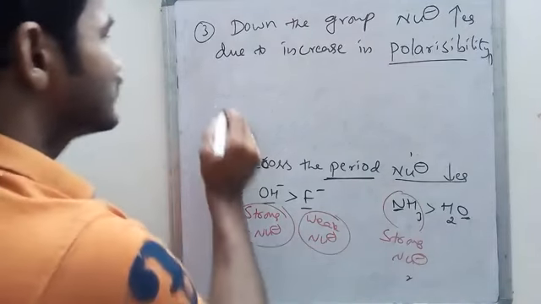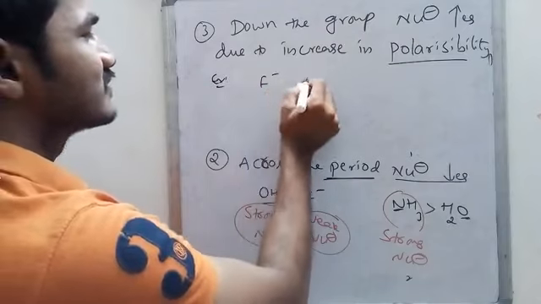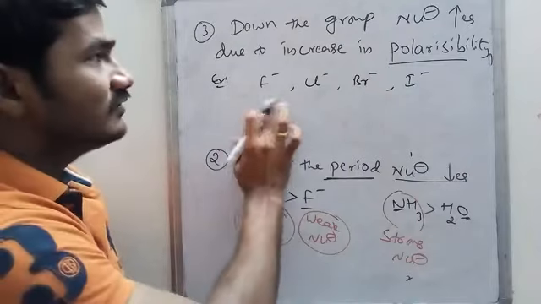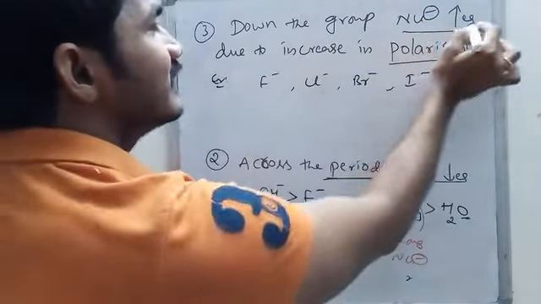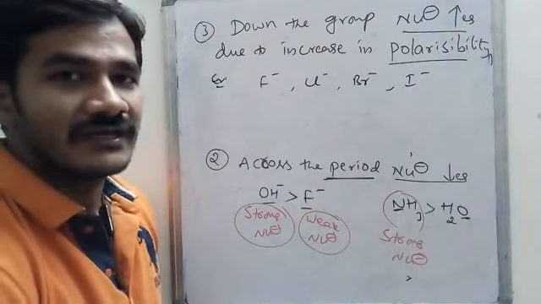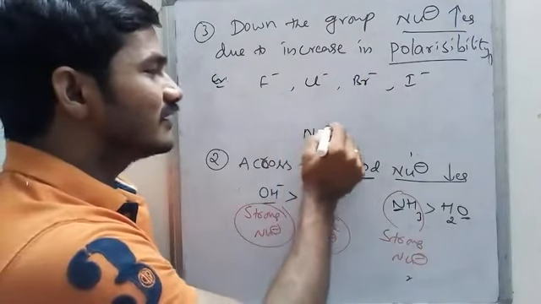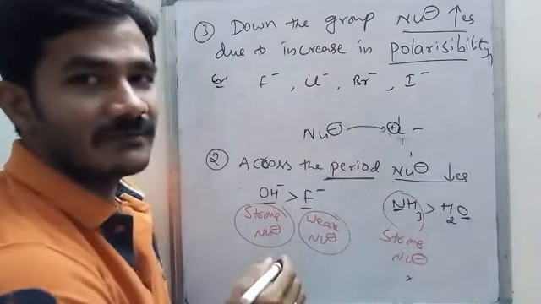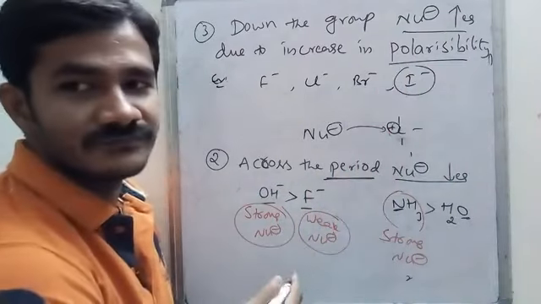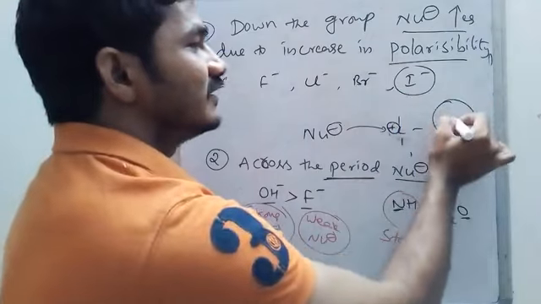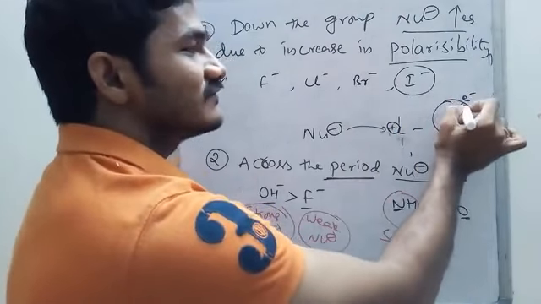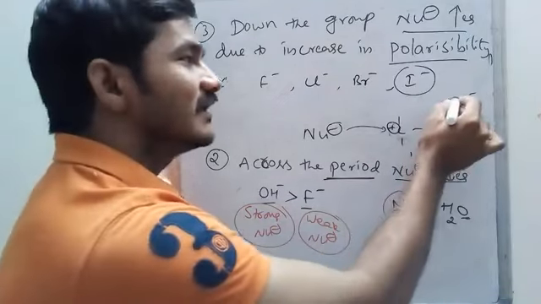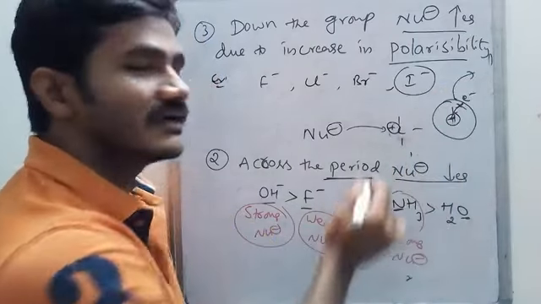Suppose I take F minus, Cl minus, Br minus, I minus. Down the group, nucleophilicity increases. Why? A nucleophile has to form a new bond with carbon. It can do so when the atomic size is larger, because then it can't hold the electrons that easily. Attraction from the nucleus to the outermost electrons is less, so it can easily react with an electrophilic carbon and form a new bond.